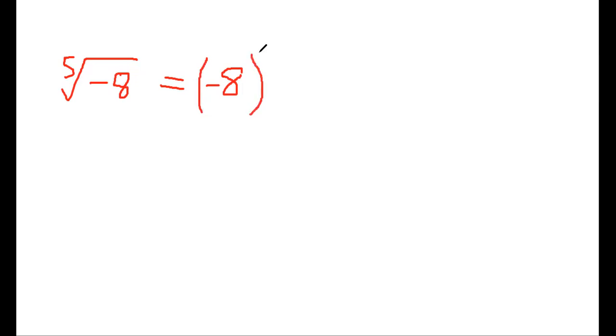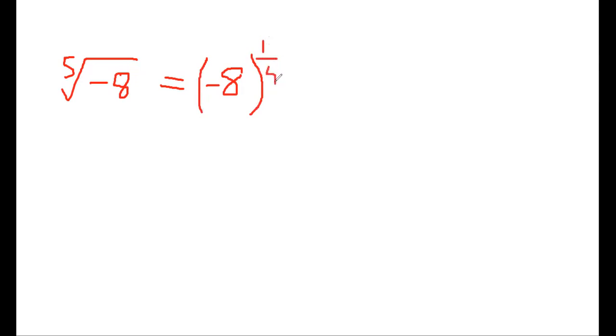Now there is a question: the fifth root of minus 8. Here 5 is the index of the radical and minus 8 is the radicand. This is called the radical form, and you will convert it into exponential form. As we discussed earlier, minus 8 is the radicand, and the number which is the index of the radical comes as a fraction, in the denominator, 1/5.